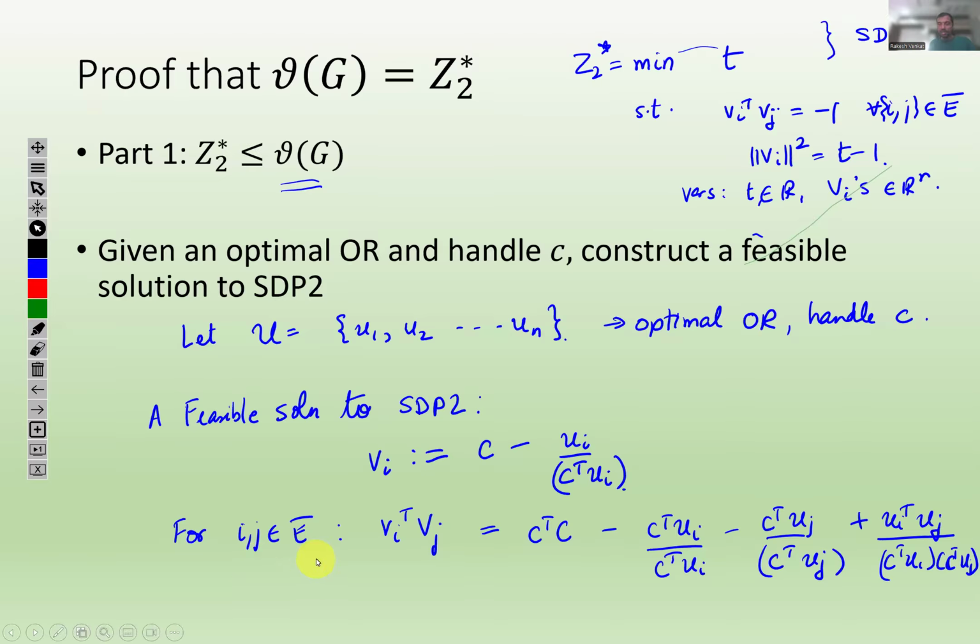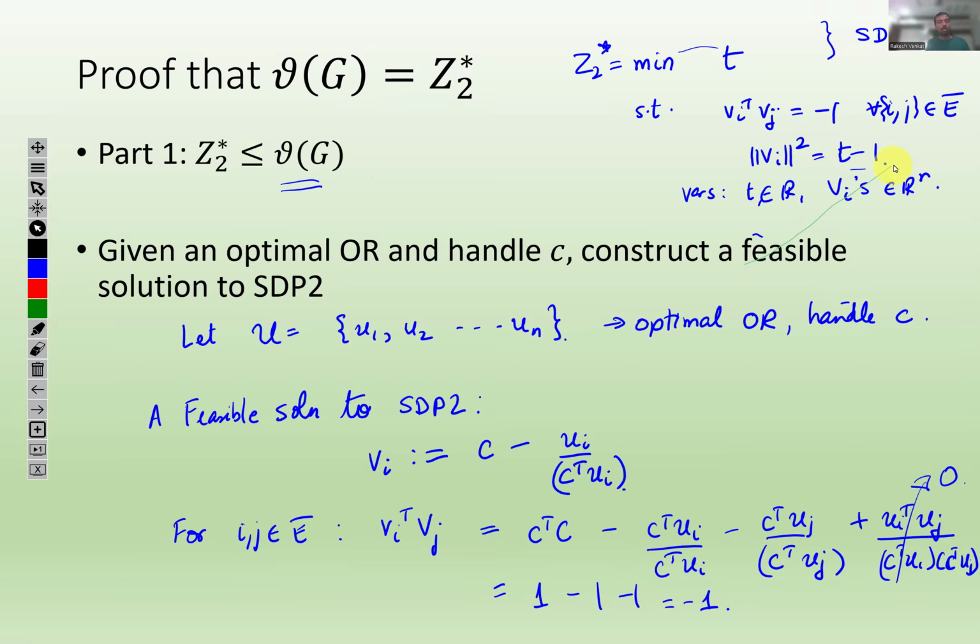But because ij is in E bar, this last term goes to 0 because it's an orthonormal representation. And C transpose C is a unit norm vector, so this becomes 1 minus 1 minus 1, which is equal to minus 1, which is what we wanted. So Vi transpose Vj is indeed equal to minus 1. This looks like a feasible solution. I'll let you verify that the other constraints are true.